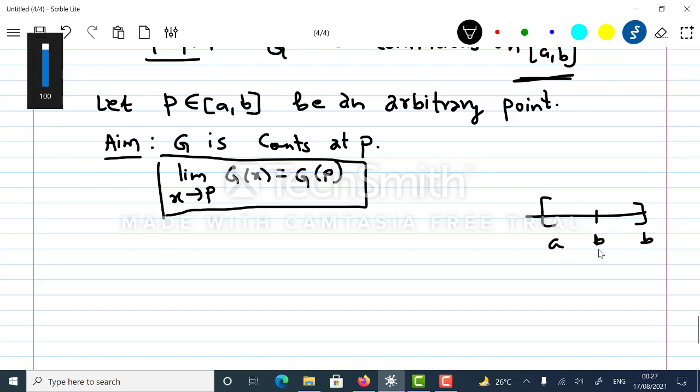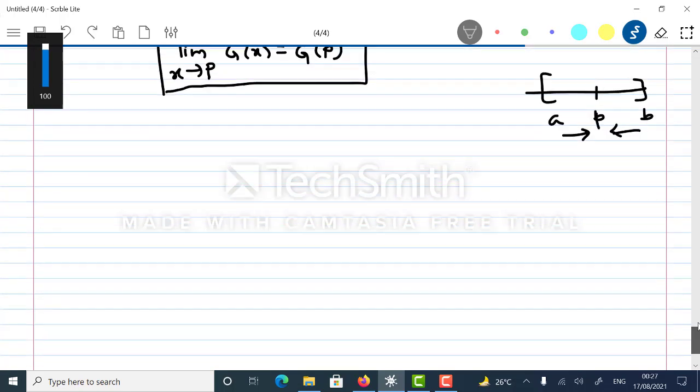So suppose I approach x from the left hand side and similarly from the right hand side. These are the two cases we will explore, and in both the cases we will show that mod g of x minus g of p is always less than epsilon.